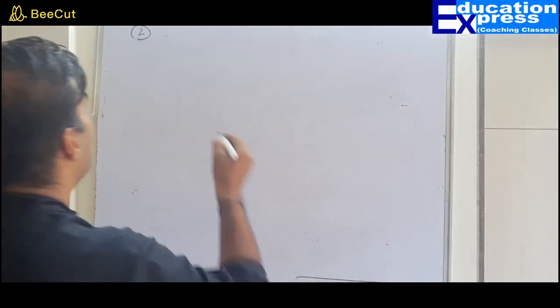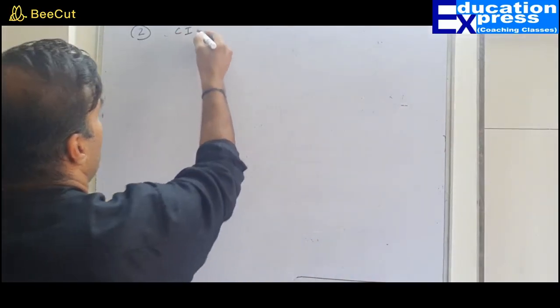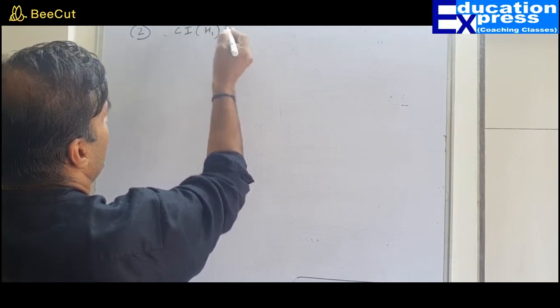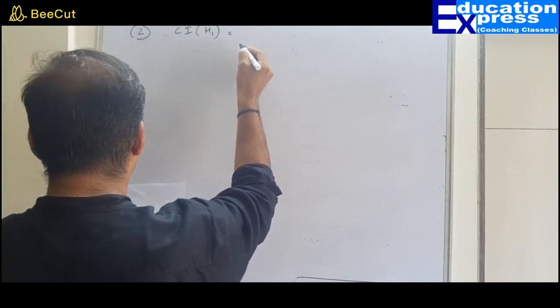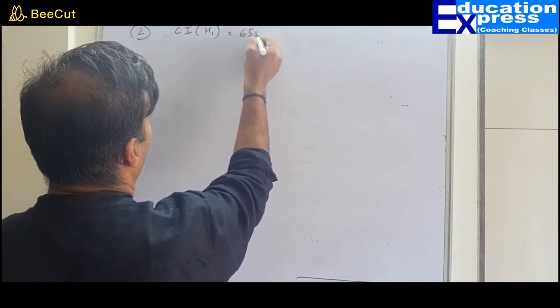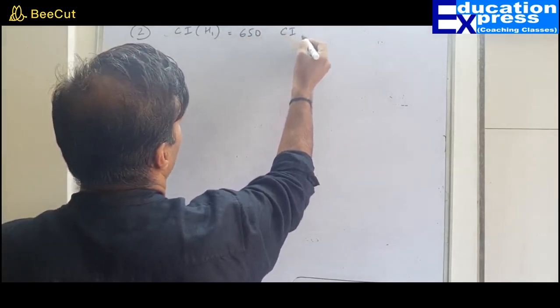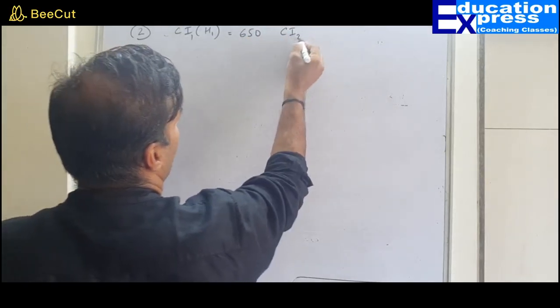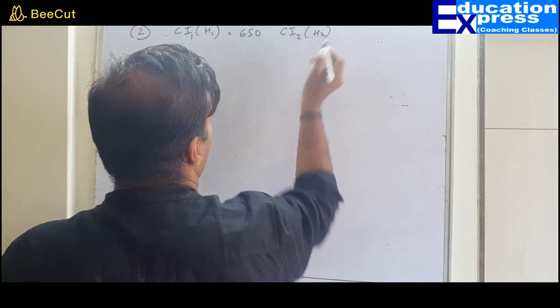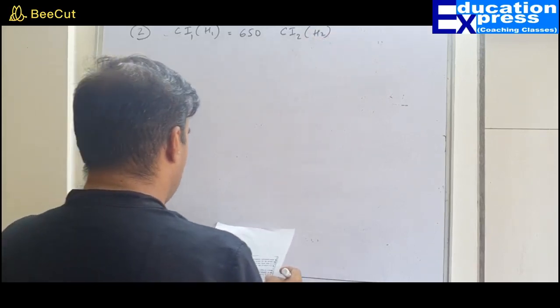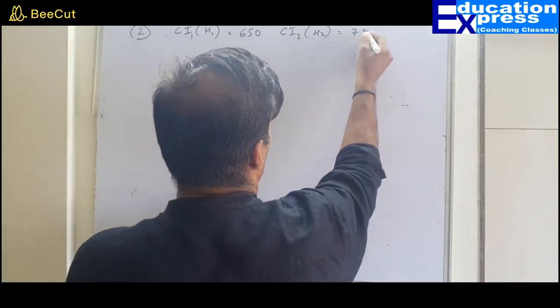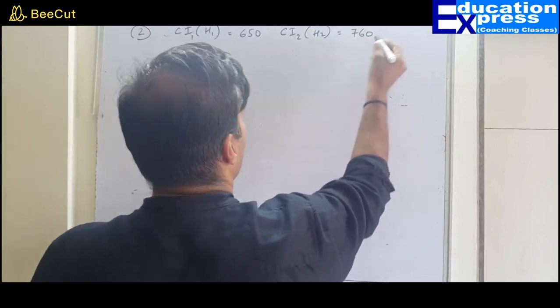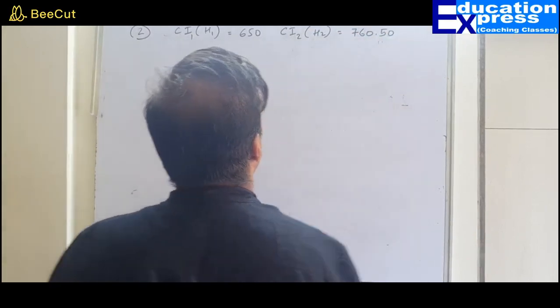If the interest for the 2 consecutive half years, compound interest for the first half is 650 and for the second half is 760 rupees and 50 paise.